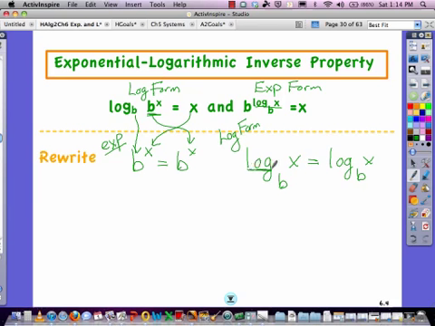I then place the number I'm evaluating using the base I'm evaluating has to equal my exponent, which is here. And if you look at those, they are identical. The log of x in base b equals the log of x in base b, just like on the left, b to the x equals x. So you either can rewrite them or you can use the exponential log inverse property and just recognize that's what it would be. That one's a little tougher, but we'll work through it.